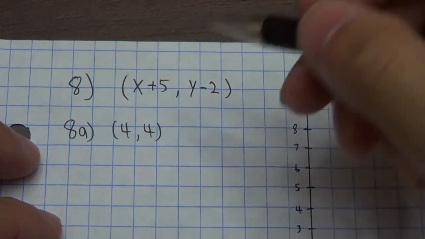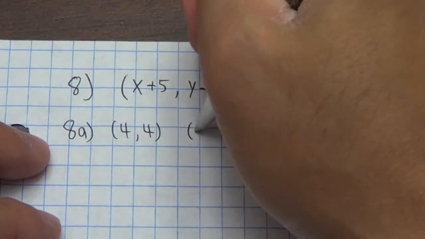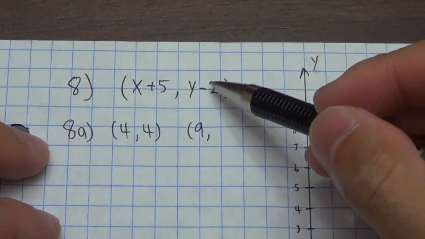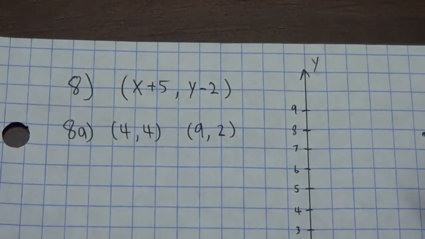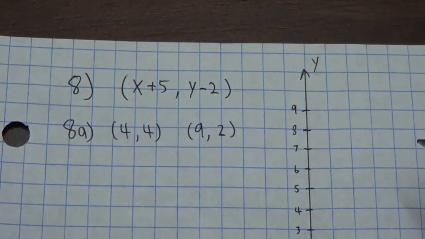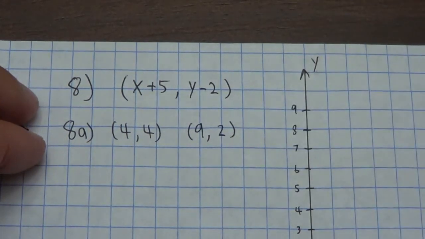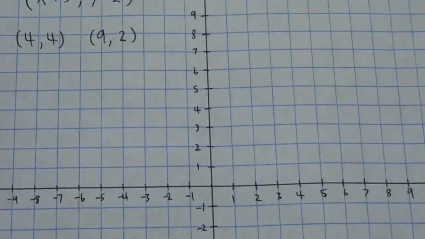If we plug in 4 where x is, we would get 9. If you plug in 4 where y is, we would get 2. And there we will get the new point after you translate it. If you don't need to plot the point, that would probably be the fastest way of getting that. Now, it does say we need to plot, so we're going to do that.